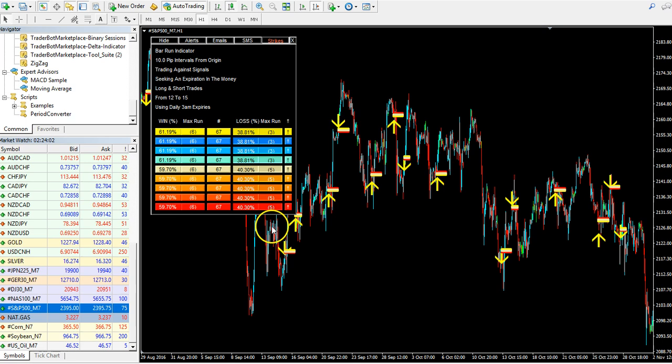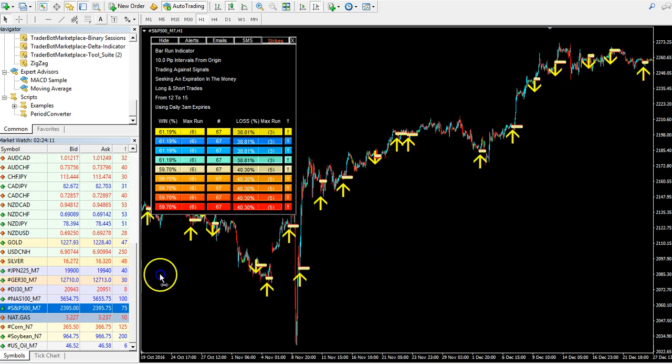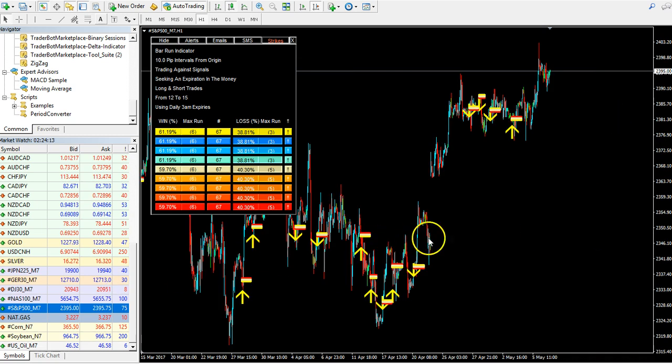There we go. And now it looks further back. And the further back I look, I find out that the win rate is only 59.70%. Still good.